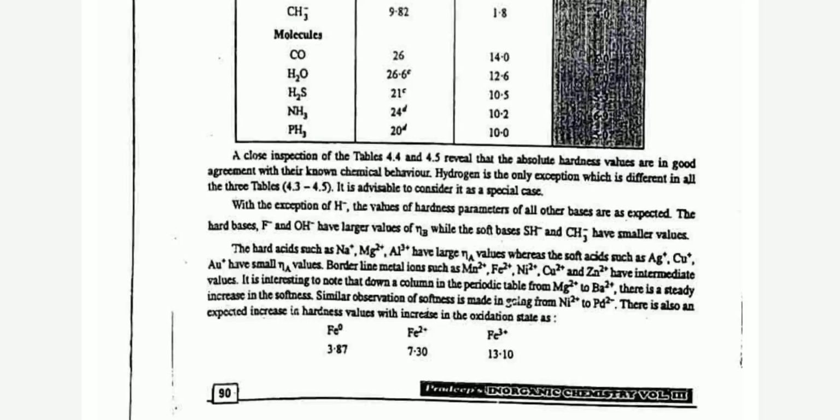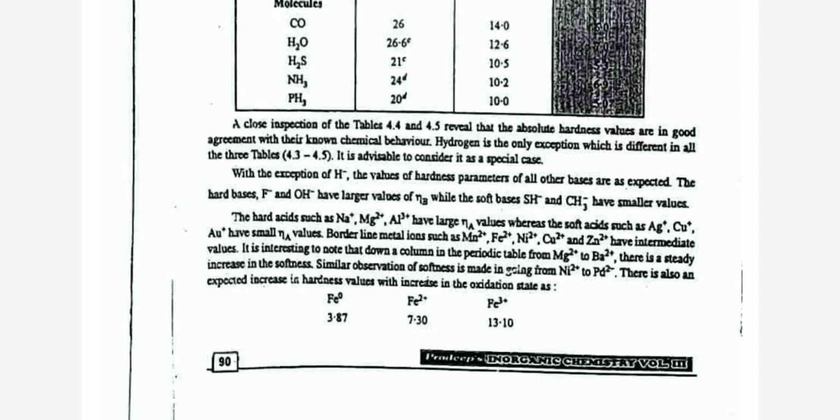With the exception of H negative, the values of hardness parameters of all other bases are as expected. The hard bases F negative and OH negative have larger values of eta B, while the soft bases SH negative and CH3 negative have smaller values.